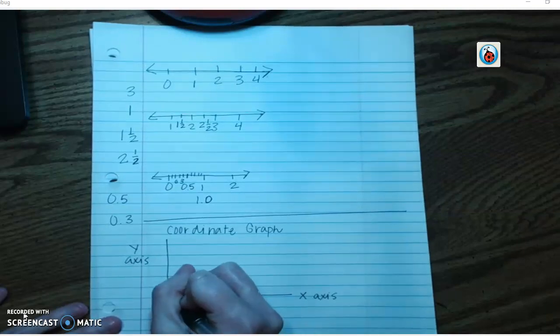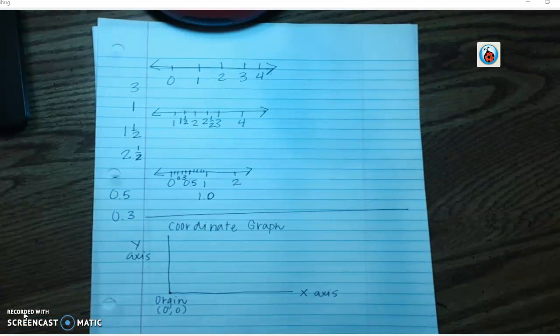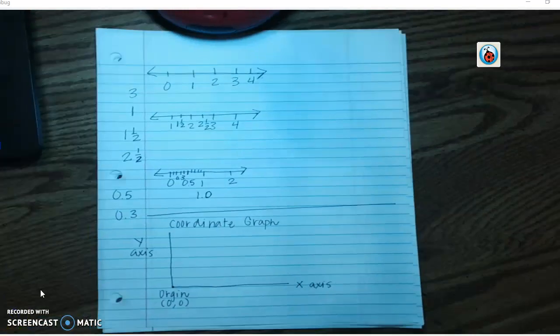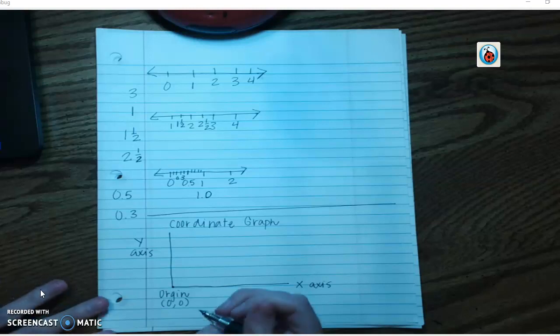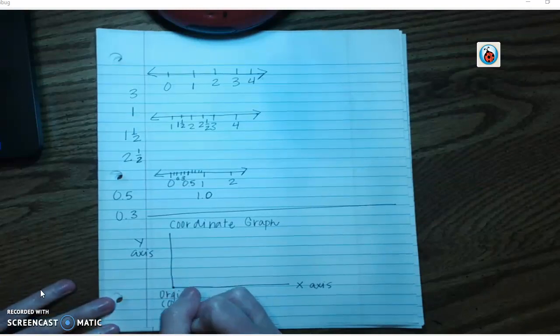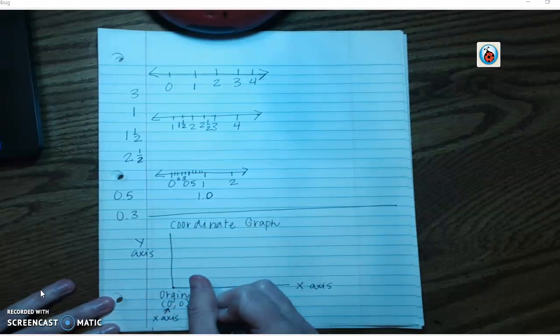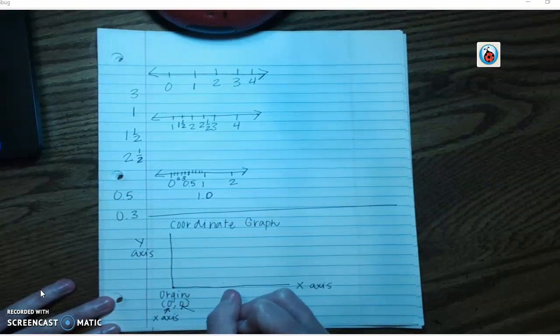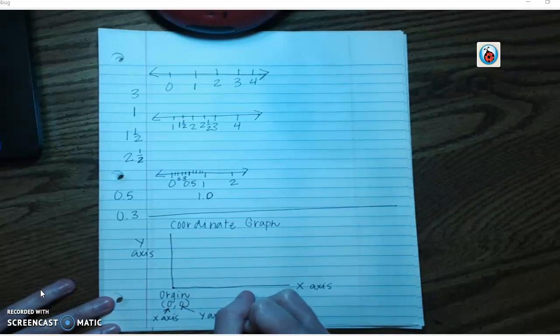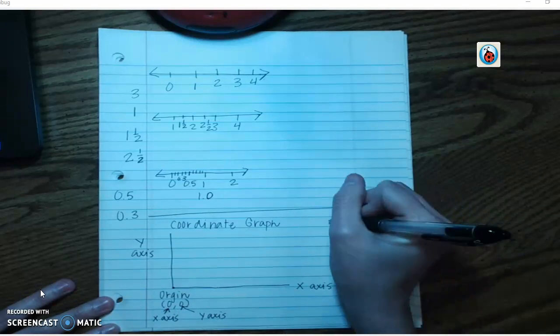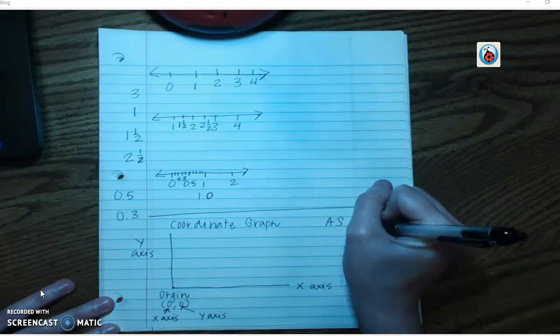When talking about the ordered pairs, remember we talked about this first number that comes in the ordered pair is always the x-axis, and this second number that's in the ordered pair is always the y-axis. If you remember, we use the acronym ASU to help us remember how to plot points, okay?